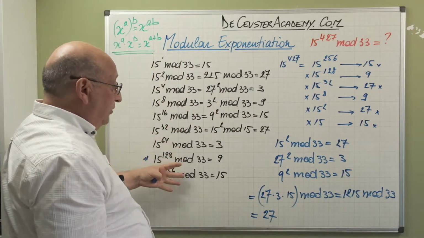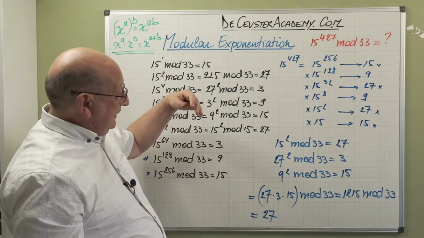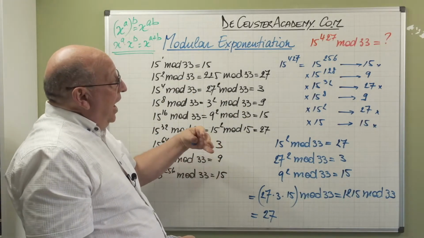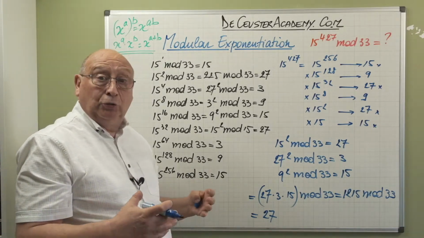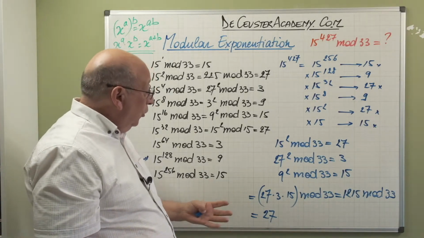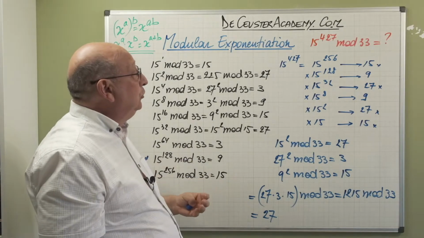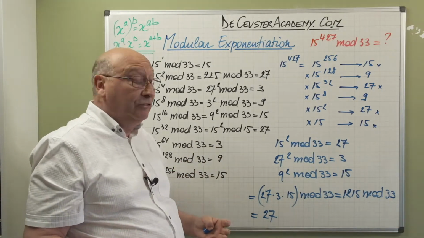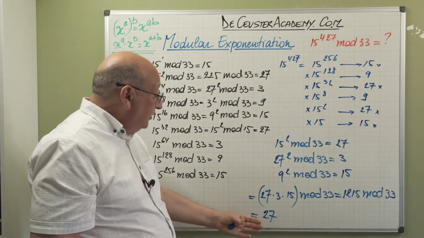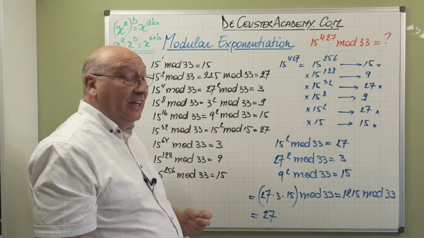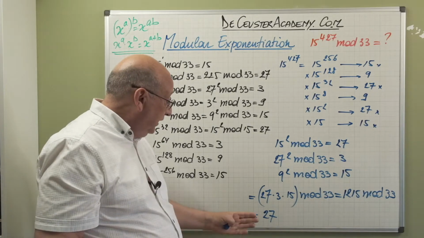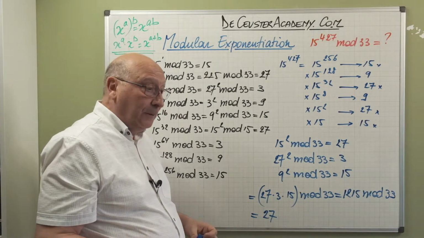So based on all these calculations, these different steps are in fact very easy to follow. We have calculations with low numbers, not all those high numbers, not 15 to the power 427, and we see that the result of 15 to the power 427 modulus 33 is equal to 27.